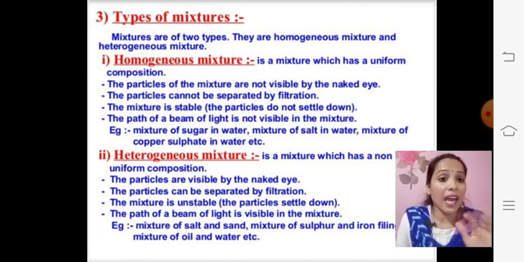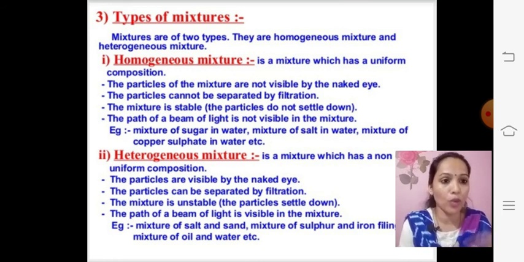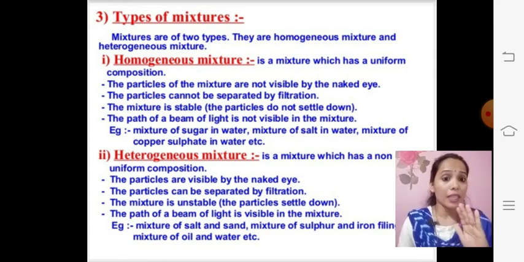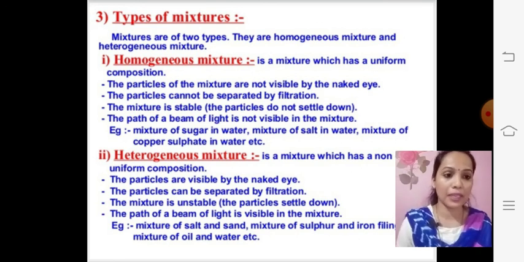The mixture is unstable, that is, the particles settle down. Chalk powder, if you mix and wait for some time, settles down. So, you can say heterogeneous mixtures are unstable. The particles can be separated by filtration, isn't it? You can try making a chalk powder mixture, or sand water.